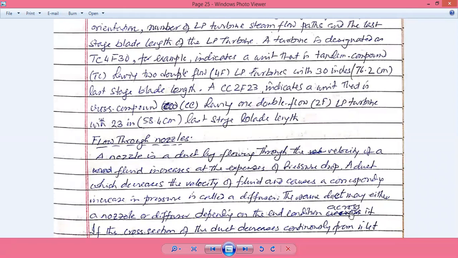But a single duct can be of either kind. In a certain portion it is a nozzle, meaning its cross-section area is reduced from the initial to the final, and in a certain portion its cross-section area is increased, from the minimum at the inlet to the maximum at the outlet. So it depends on the end condition we require.